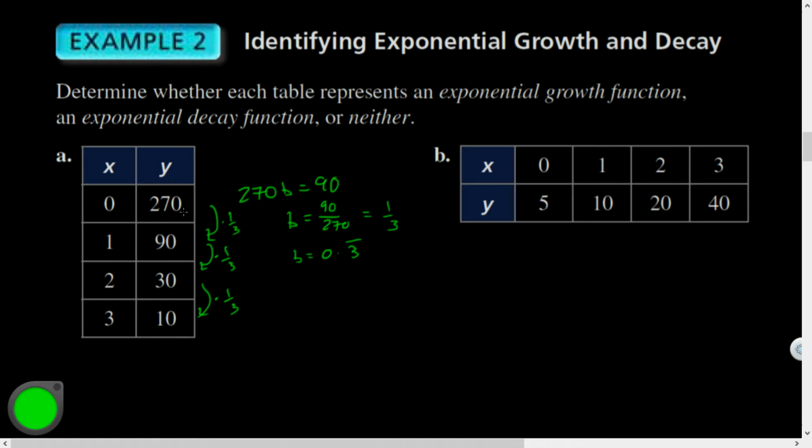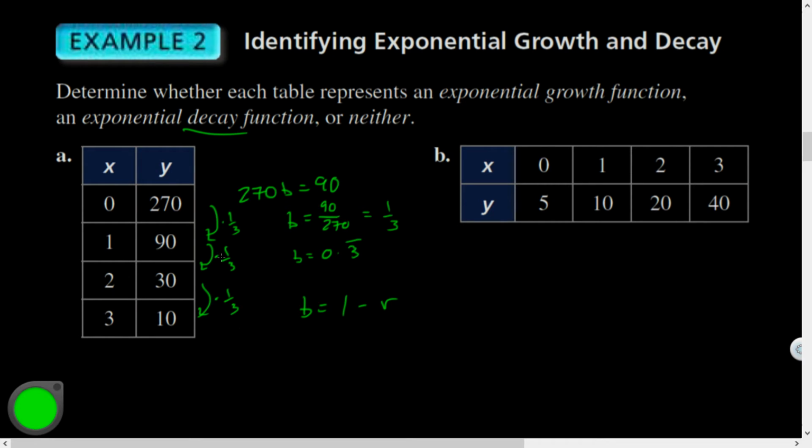But also notice it's decreasing. So it must be exponential decay. But the weird thing is, if I wanted to find the rate, actually maybe I won't even go there, because that would just be weird. Well, the base is equal to 1 minus the rate. You guys agree, right?